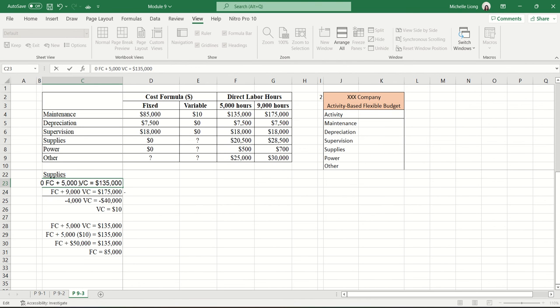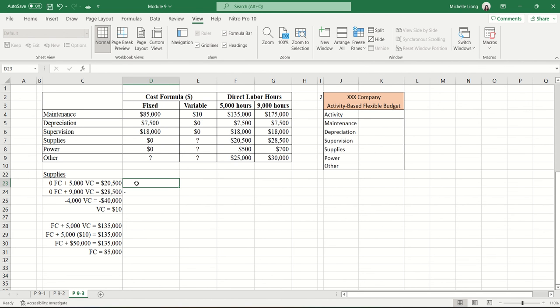Then the variable cost is still the same, but right here we have 20,500 for 5,000 hours. And for this one, we are going to change it because the driver is different. It's 28,500. So it's still the same, we need to subtract. 5,000 minus 9,000 is still minus 4,000.